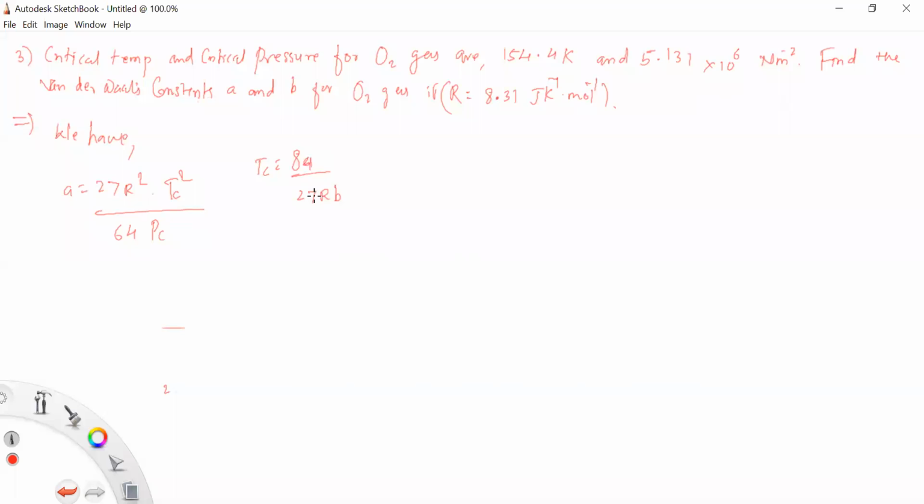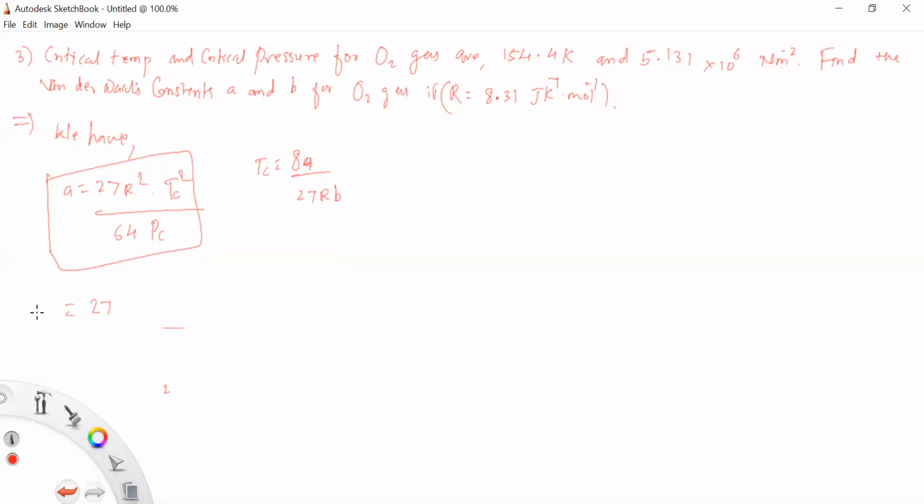सो ए आणि बी जर काढायचा असेल तर आपल्याला 27R² इंटू TC square upon 64 PC. So this is the formula we are using here, right? So from this formula, we can put the values.